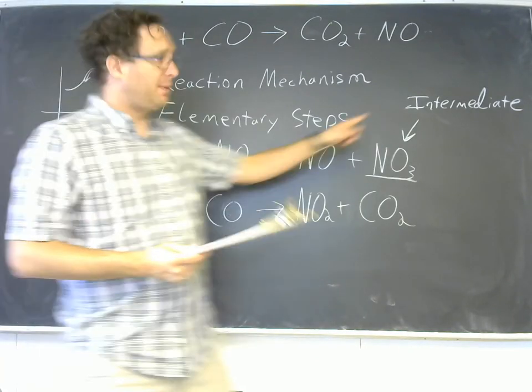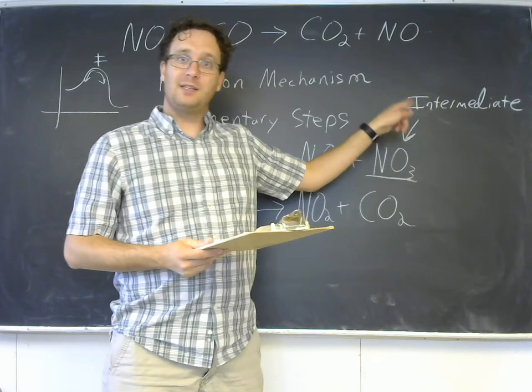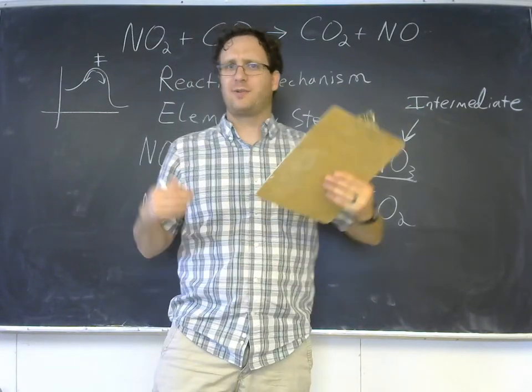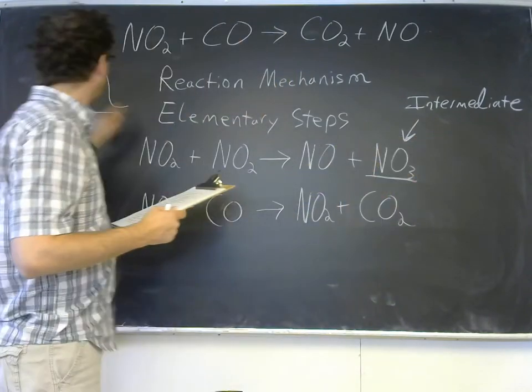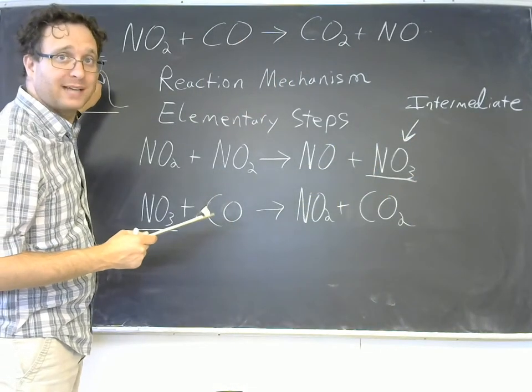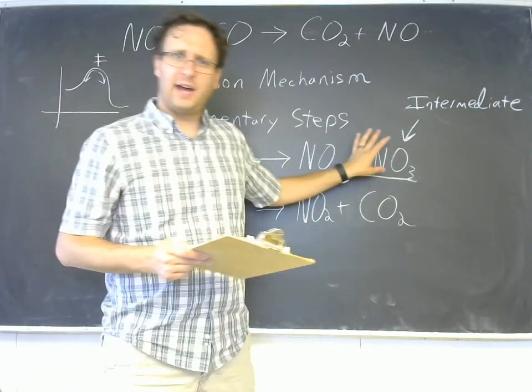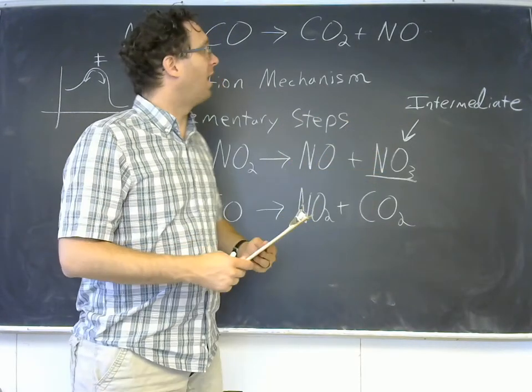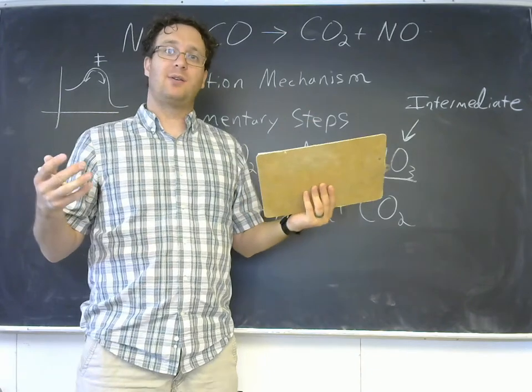An intermediate is at least metastable, and we'll show you what that means in terms of a reaction coordinate diagram. It will not be at a local maximum. And so nitrogen trioxide, it does exist stably in the world.